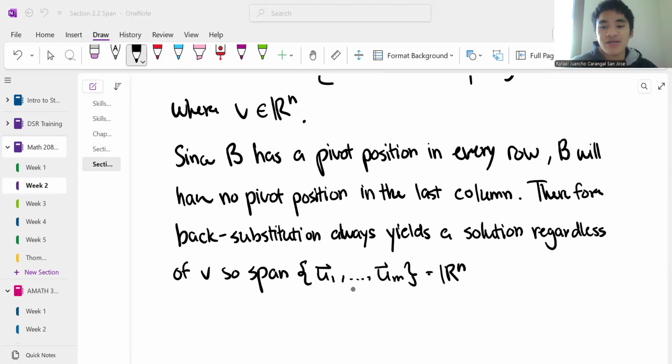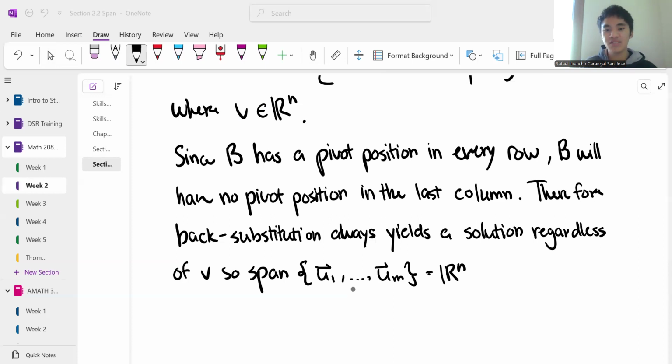Now suppose, okay, so it's not completed proof. If there's no pivot position in the last one, then that's probably a 0. I'm going to assume that's a 0 row. So it's always going to have one exact solution. And if it has an exact solution, regardless of V, span is in Rn. Right?